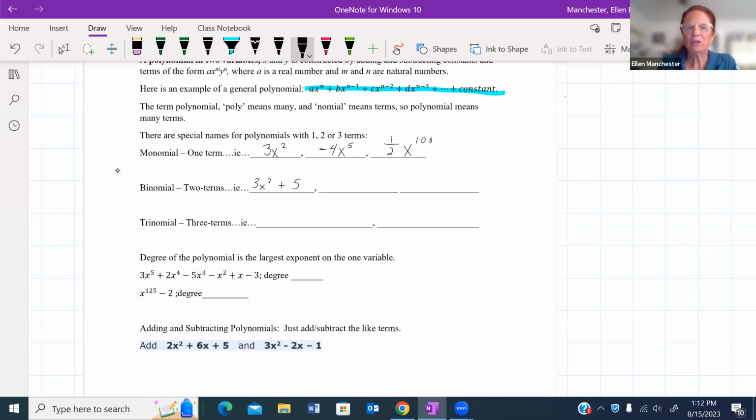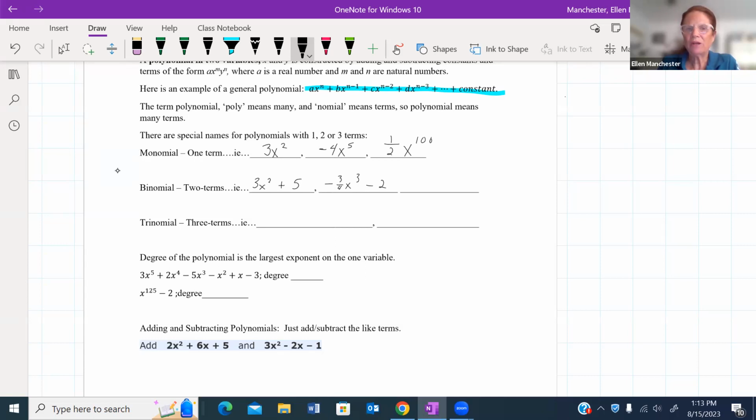I could have -3/4 x to the 3rd minus 2. This is one monomial, this is another monomial or constant. When I put them together with a plus or minus, I have a binomial, 2 parts.